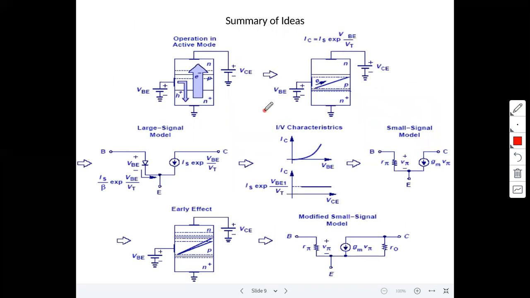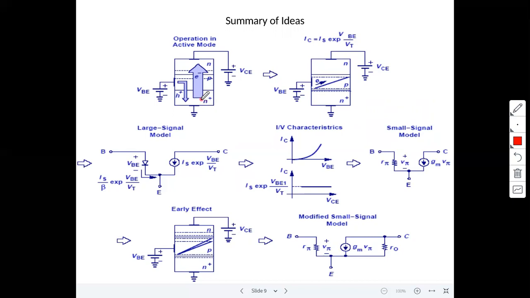So far we discussed the BJT. This is the operation in active mode, which we have already discussed many times. The base to emitter junction is forward biased and the base to collector junction is reverse biased. One more important point is that the base region is very thin, its width is very small, and the doping concentration at the emitter is very high, that is N plus. Due to this, a large number of charge carriers are available.